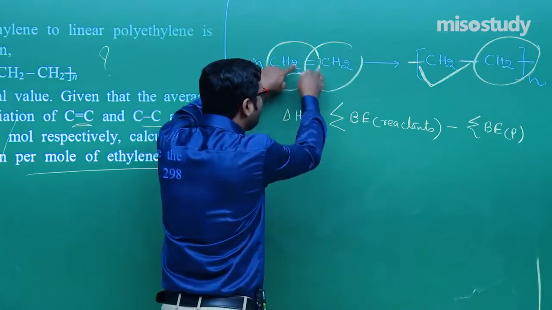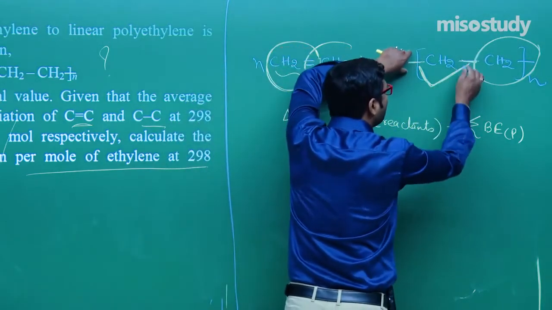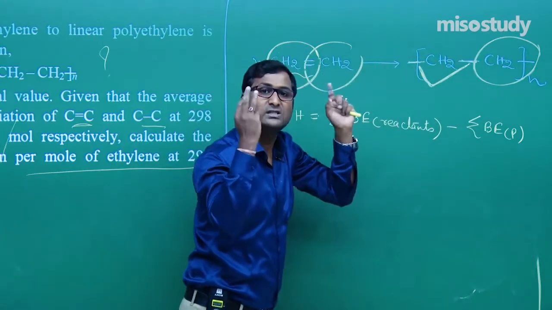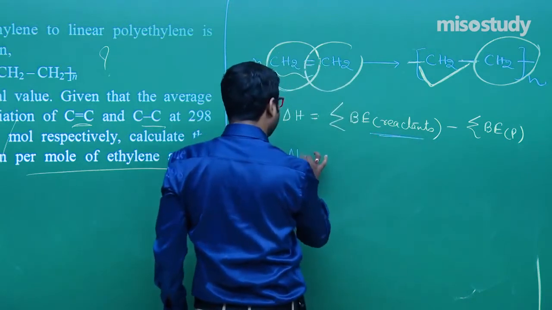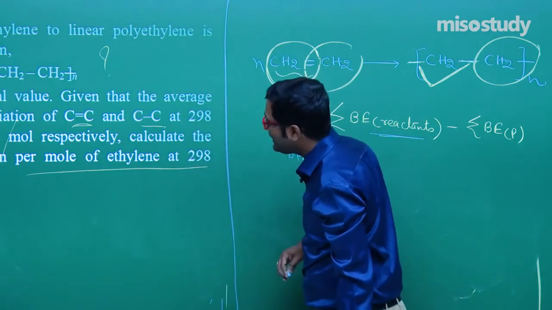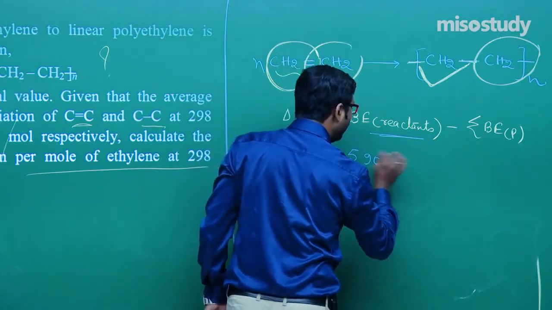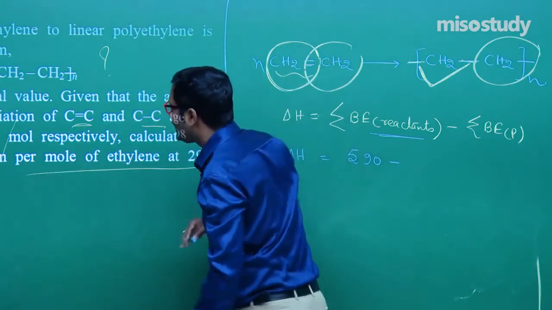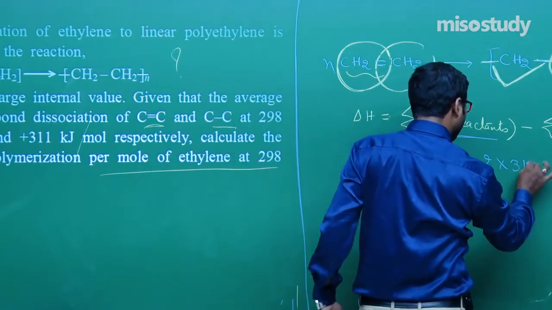What happened? 1 double bond breaks and it gives rise to the formation of 2 single bonds. So what is the given bond energy of the reactant? According to the question it is 590, minus the product, there is a formation of 2, so 2 multiplied by 311.